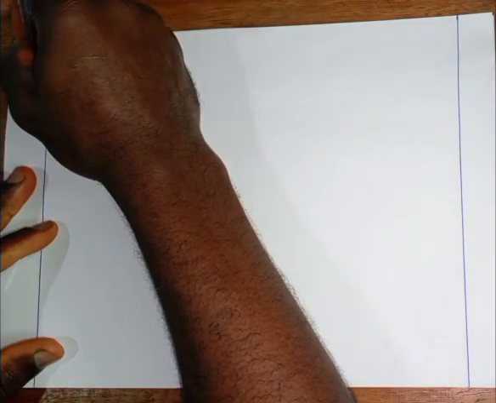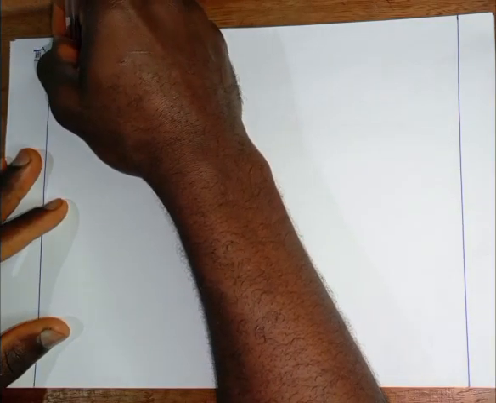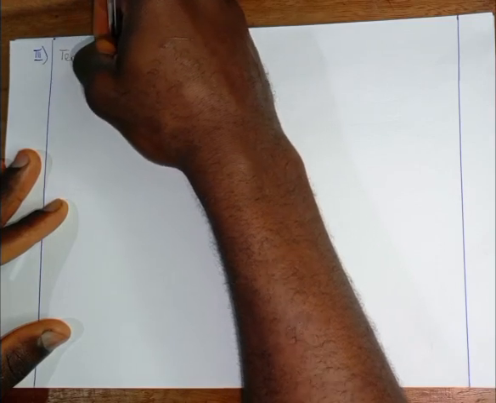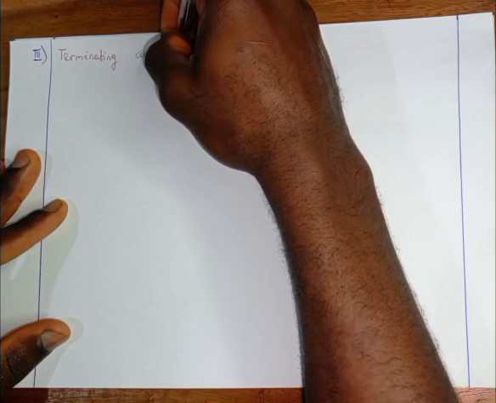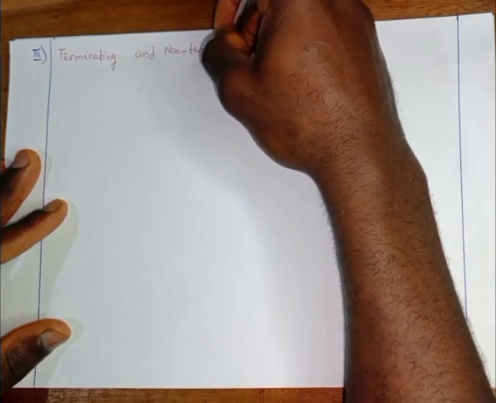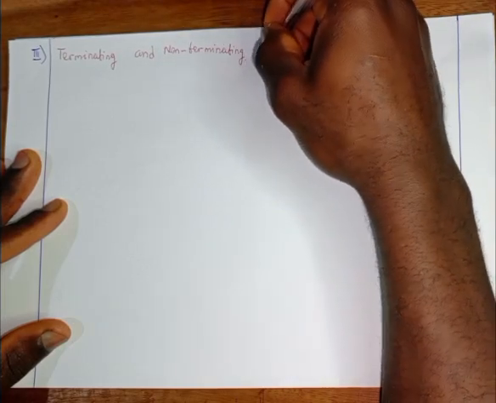We will continue from where we ended last time with terminating and non-terminating decimals.